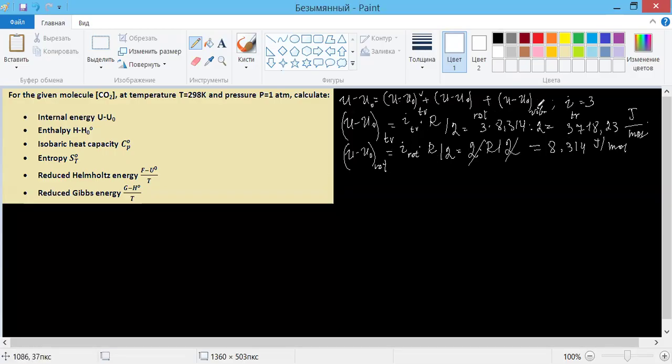And now we're proceeding to the third component, which is U minus U sub 0 vibration. Sometimes I say oscillation. I hope that it's comprehensible. Okay. And in this case, we've got a big question, because many people don't know how to do that.